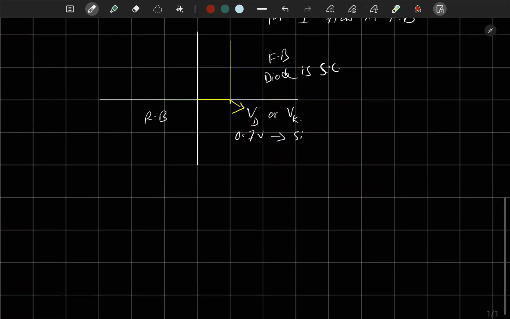Now let's introduce another variable, another part of a real diode. Now we will introduce resistance. Remember, diodes are physical components, and all physical components that conduct electricity will have some sort of resistance unless they are superconductors.